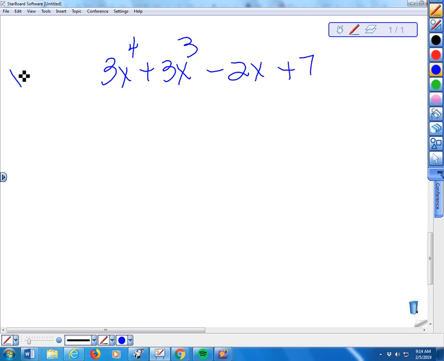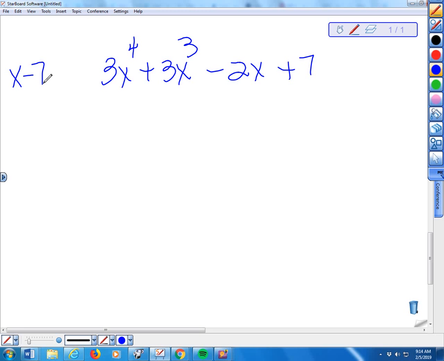I want to know if x minus 7 is a solution to this polynomial. Well, let's find out. Okay, so the thing that I wanted to show here is you see how it goes from 4 to 3 to 1 to 0 in the exponents. I'm missing one, the x squared component.